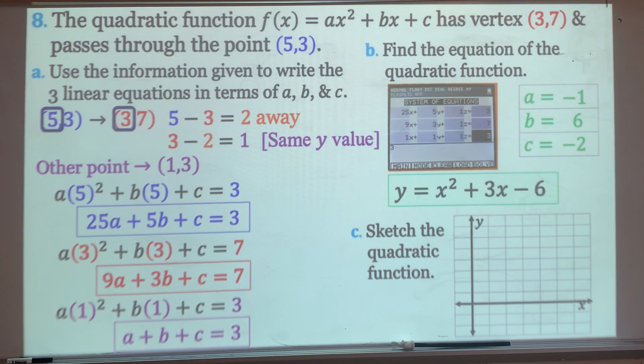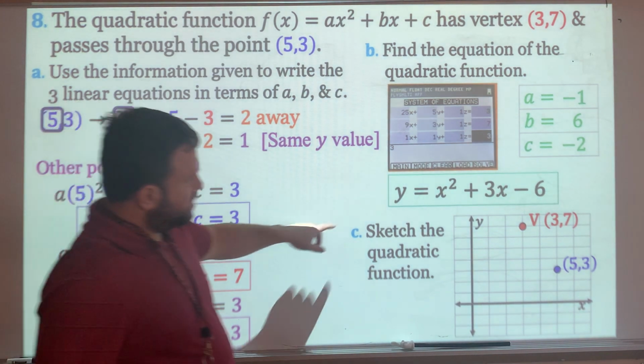All right, now we probably should have done c first, because what I was trying to do was actually show you how I found the graph using c. So when you graph it, you have your vertex, which is 3, 7.